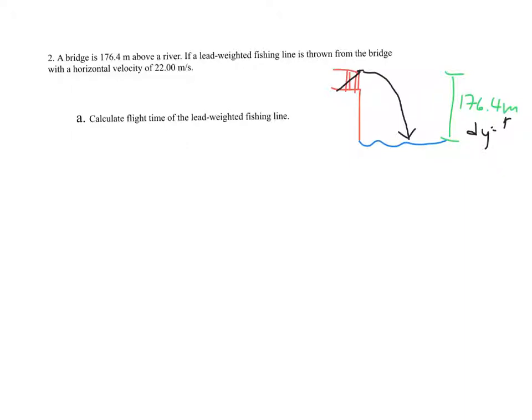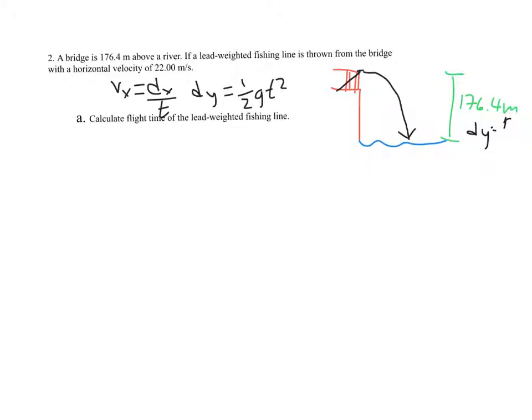Okay, so the first thing they ask us to do is calculate the flight time. So how long is that fishing line going to take to hit the water? I have two places where I can actually find that. I have this one, vx equals dx over t. The second one I have is dy equals 1/2 gt squared.